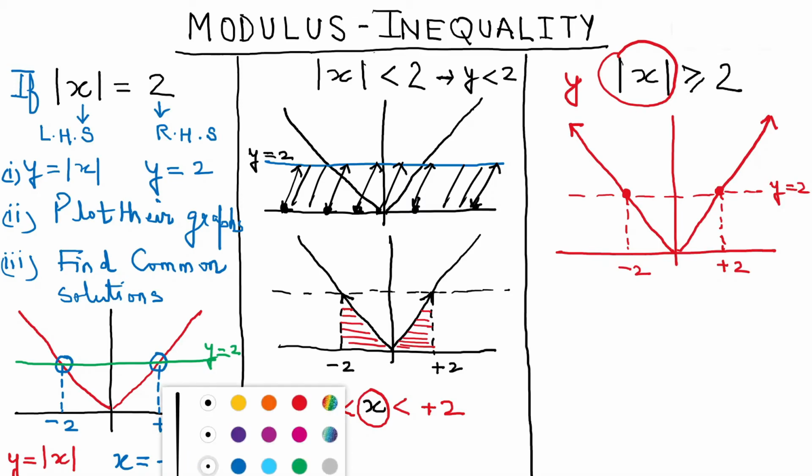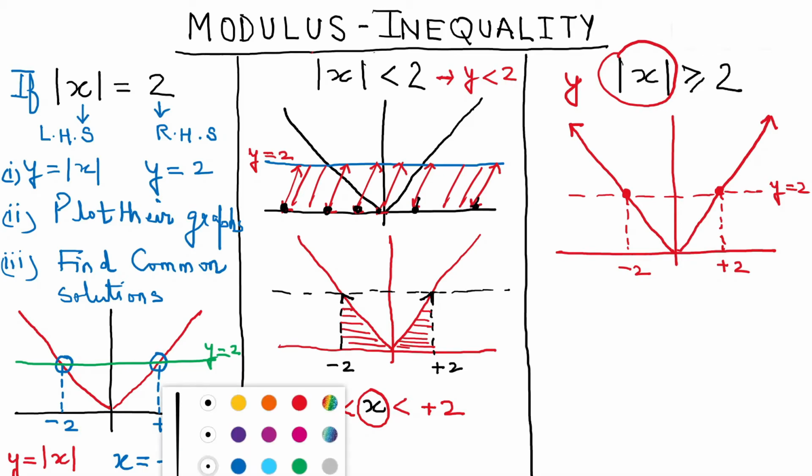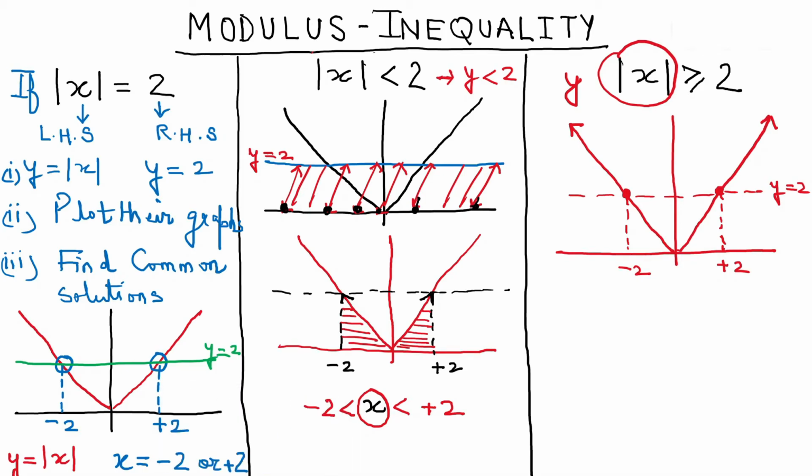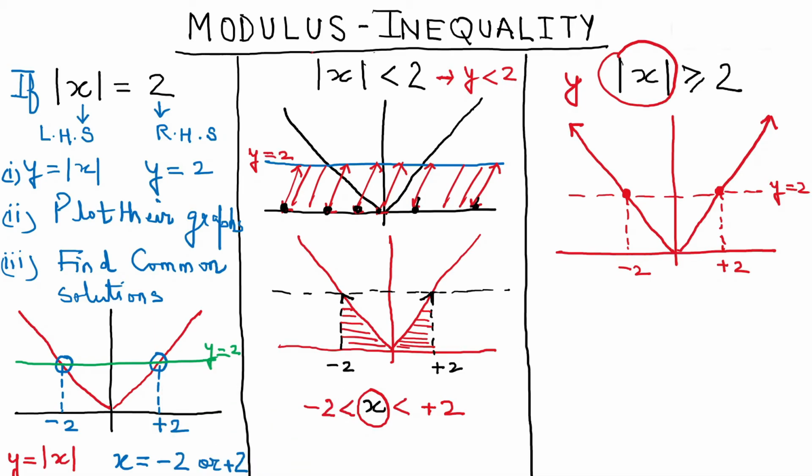The binding factor here is, we know that the range of modulus x is greater than or equal to 0, so that binds. But when I talk about the inequality modulus x is greater than or equal to 2, it is an inequality which is unbound. And since it is unbound, now we just need to check the area that we can shade here.